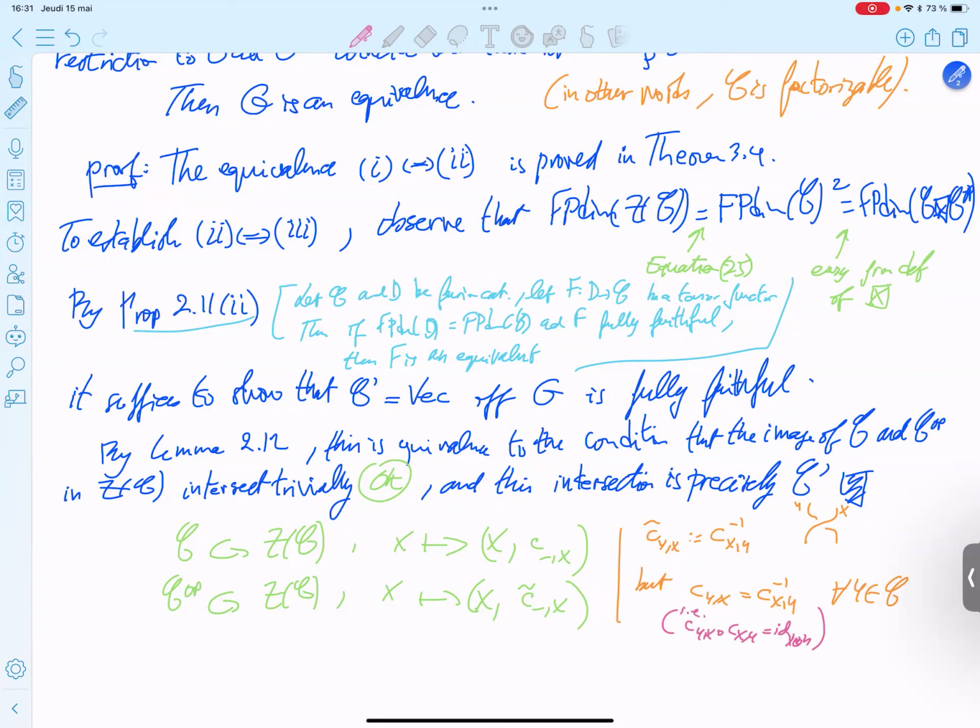So the fact that this equality holds for all Y is equivalent to X being in the centralizer by definition. Okay. So the intersection is exactly the centralizer. So we are done. So that's okay.